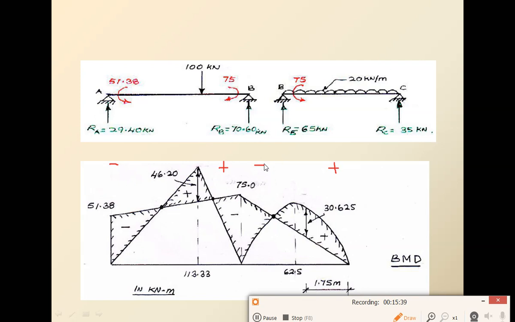For the bending moment, sagging bending moment, if you take the left hand side of a span, you will have an anti-clockwise moment, which you should consider as positive. But we have taken in this case clockwise as positive.